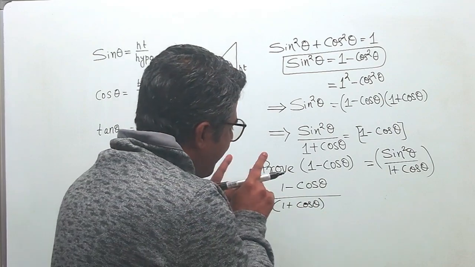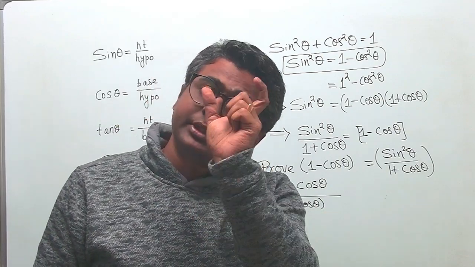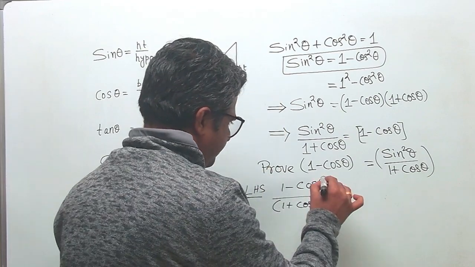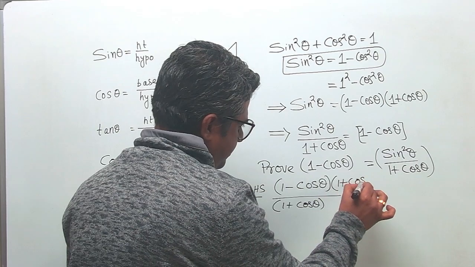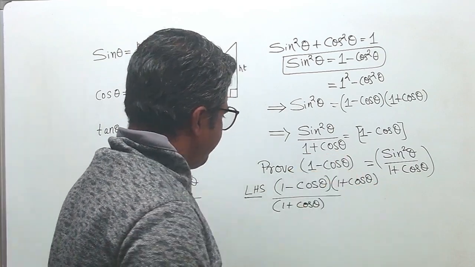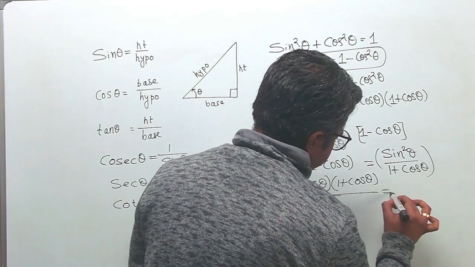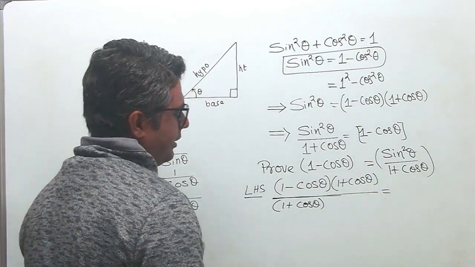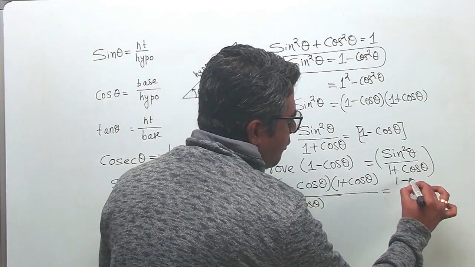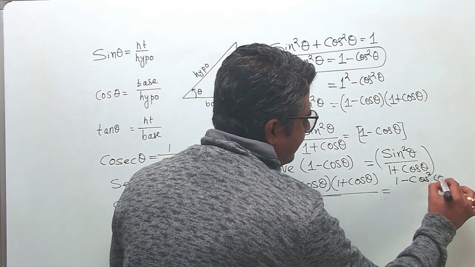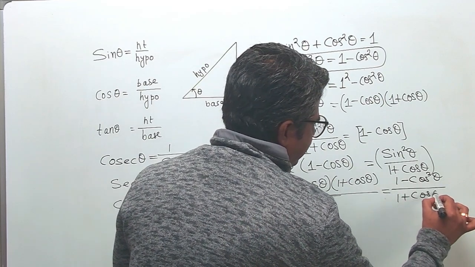No. If I have to put 1 plus cos theta in the denominator, I have to put 1 plus cos theta in the numerator also. Okay, done. What is this? A minus b, a plus b, this will be 1 minus cos square theta by 1 plus cos theta.